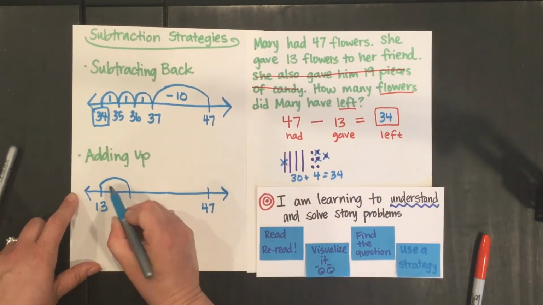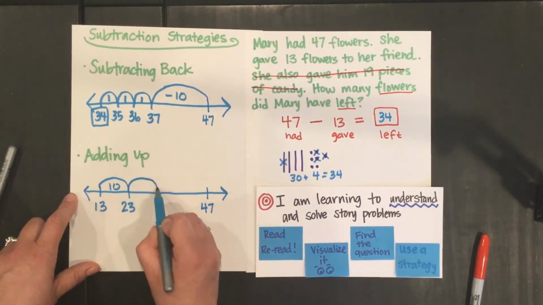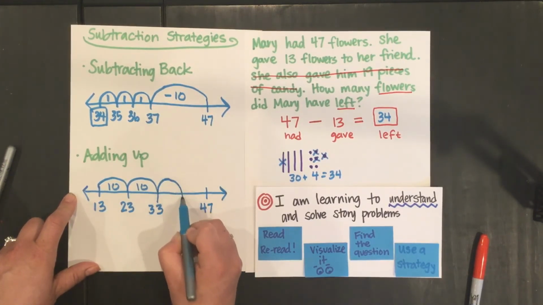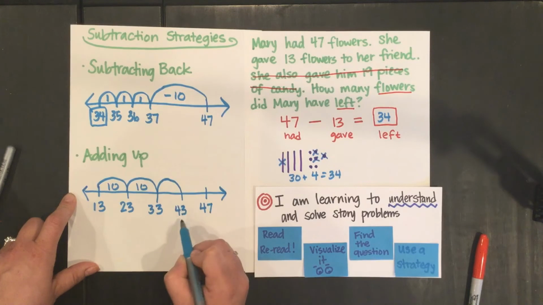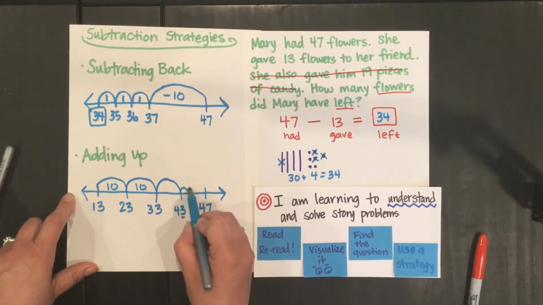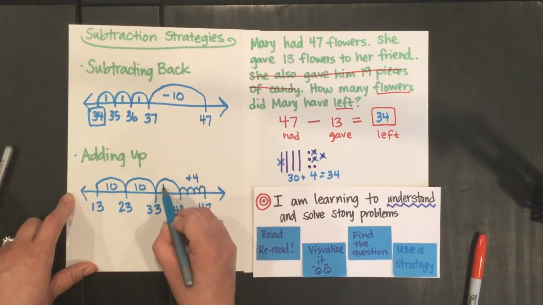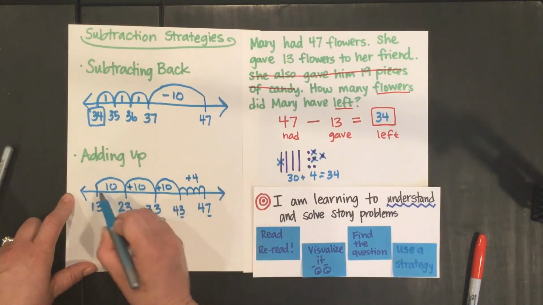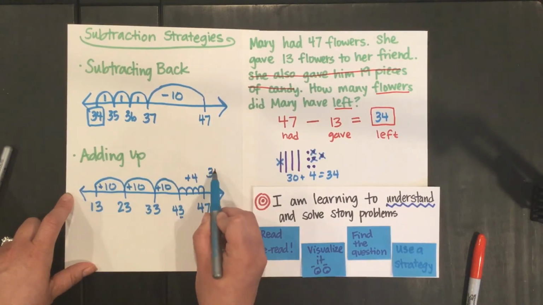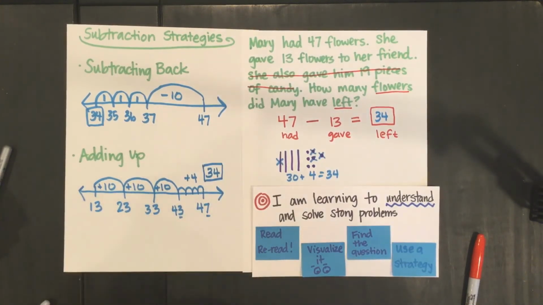First, I could do a jump of 10 to get to 23. I could also do another jump of 10 to get to 33, a jump of 10 to get to 43, and now to get from 43 to 47, I would have to jump 4 more. And there, again, with my jumps, I can see that she would have 34 flowers left.